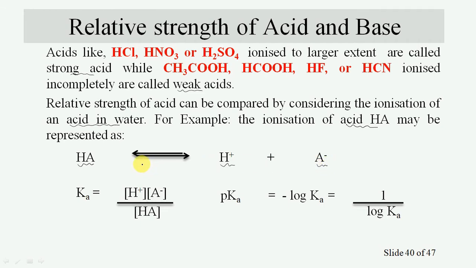The equilibrium constant for the reaction may be written as Ka, that is equal to [H+][A-] upon [HA], where [H+], [A-] and [HA] are the concentrations of H+ ion, A- ion in water and undissociated acid HA. Ka is known as the dissociation constant, or ionization constant, of acids.